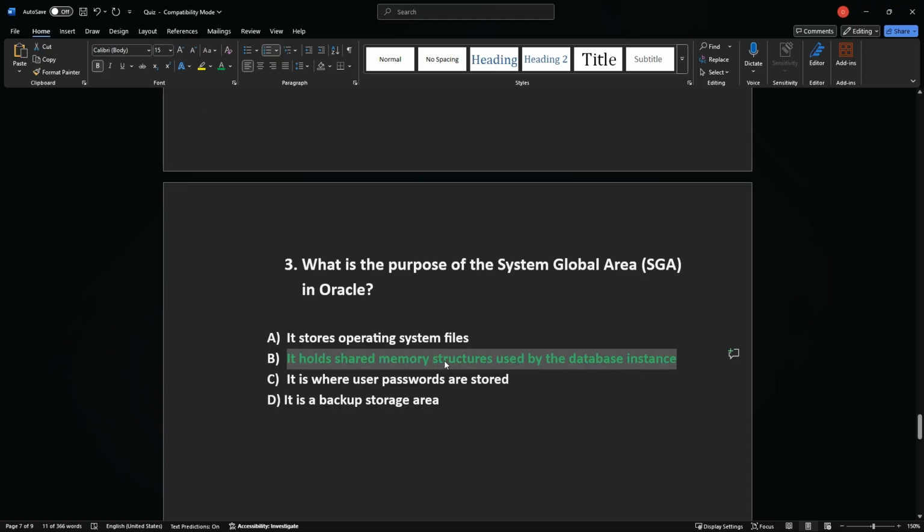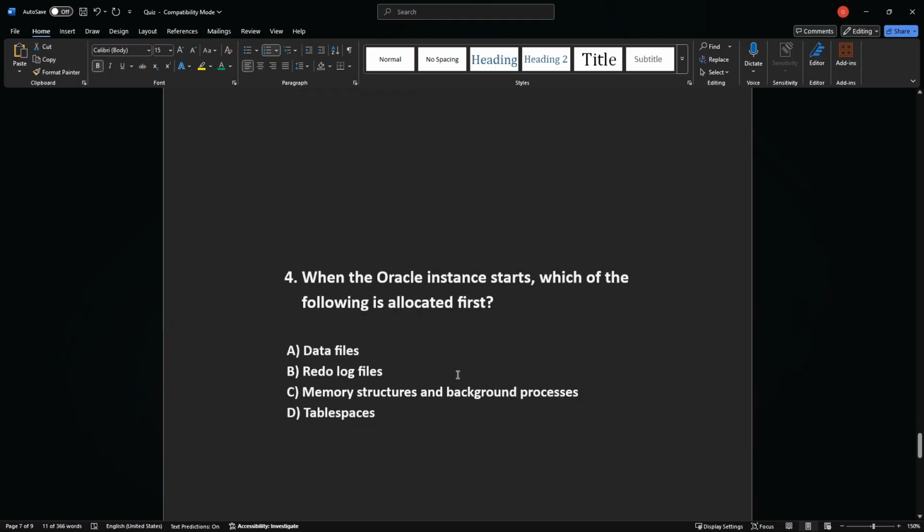Yes, option B. And the fourth question: when the Oracle instance starts, which of the following is allocated first? Data files, redo log files, memory structure and background processes, or option D, tablespaces. Which one will be allocated first?